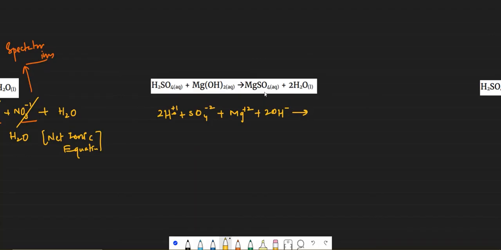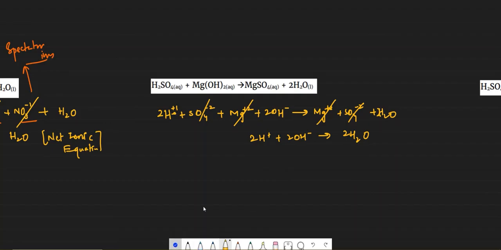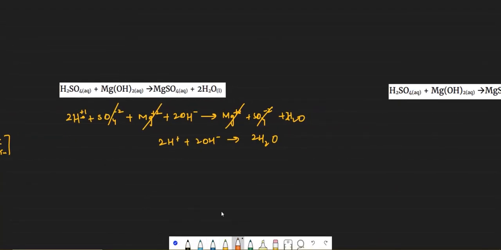They are forming aqueous magnesium sulfate, so 1 magnesium ion and 1 sulfate ion, and water will remain intact. Here the spectator ions are magnesium and sulfate. They'll cancel. There are 2 water molecules, by the way. So you're left with 2 hydrogen ions plus 2 hydroxide ions forming 2 water molecules. This will be the net ionic equation.